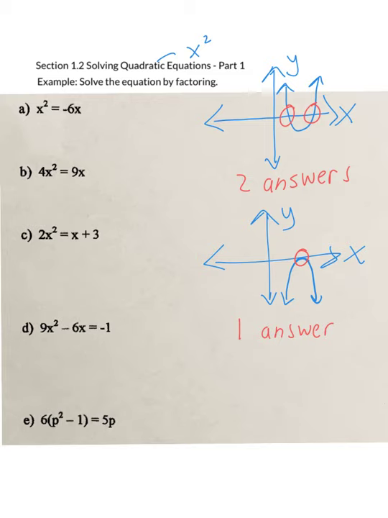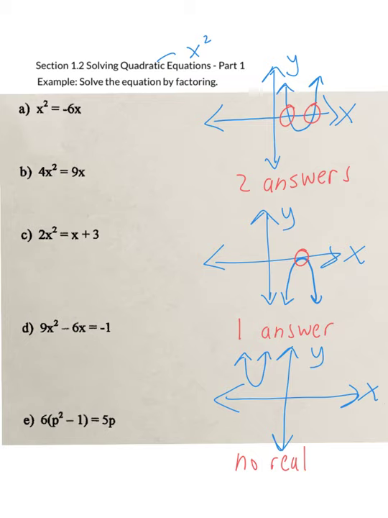And then the third scenario that can play out in this video and the next video is that the quadratic equation does not touch the x-axis at all, and it opens away from the x-axis. When this happens, there are no real number answers, or no answer.